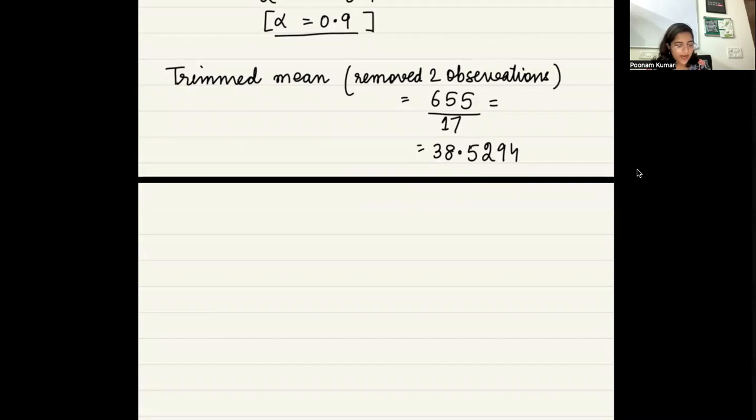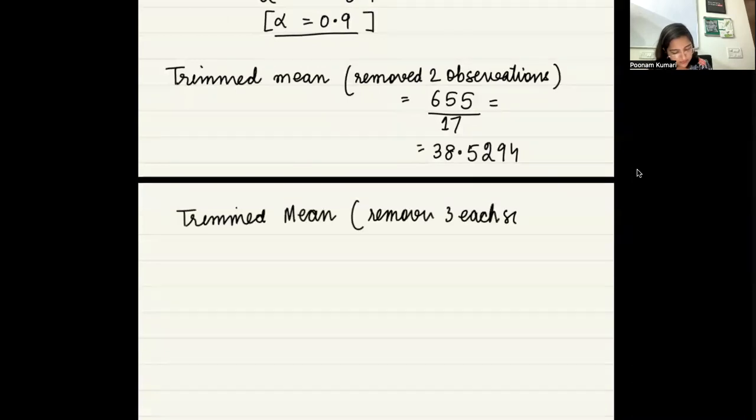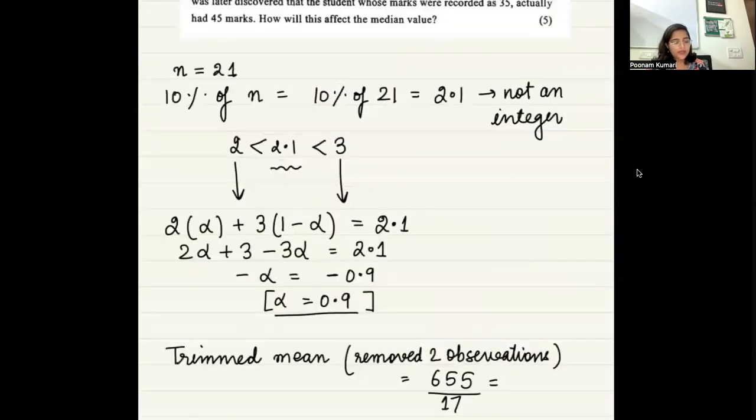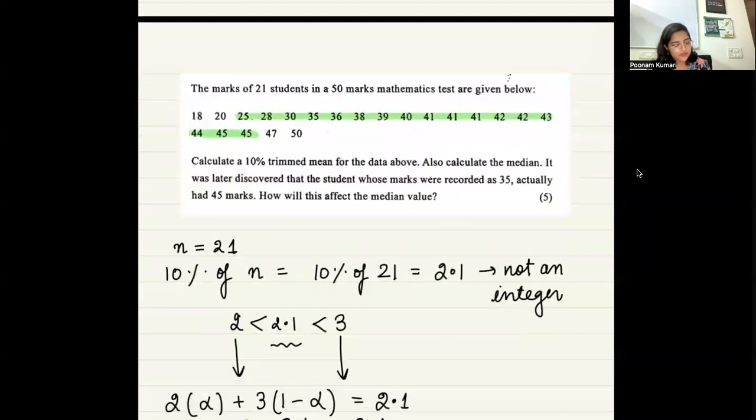Yes. Now you have to find the trimmed mean when you remove 3 observations on each side. What would that be? You'll have to remove this and this as well. So from 655, you can just remove 25 and 45, which is 585.